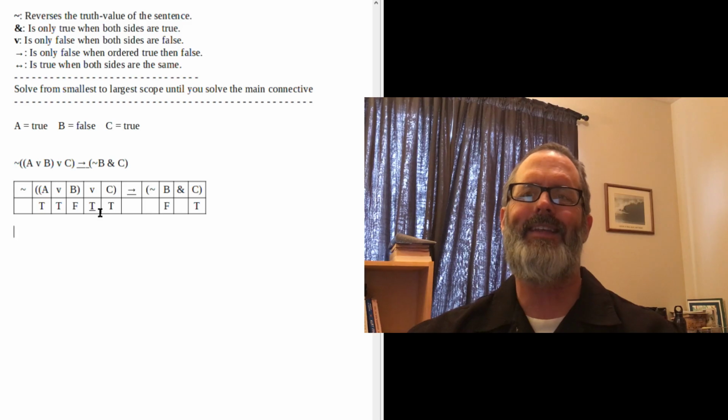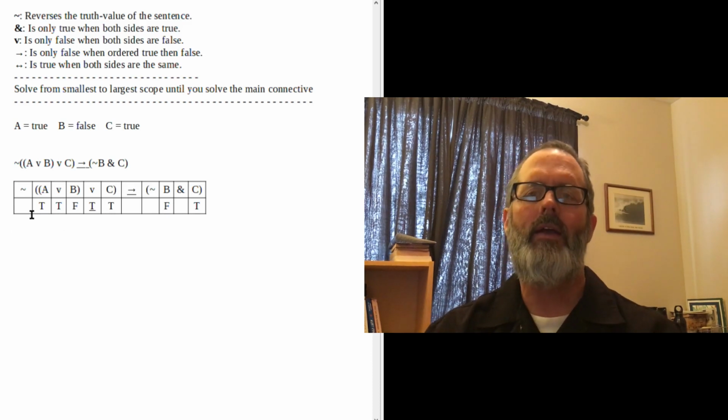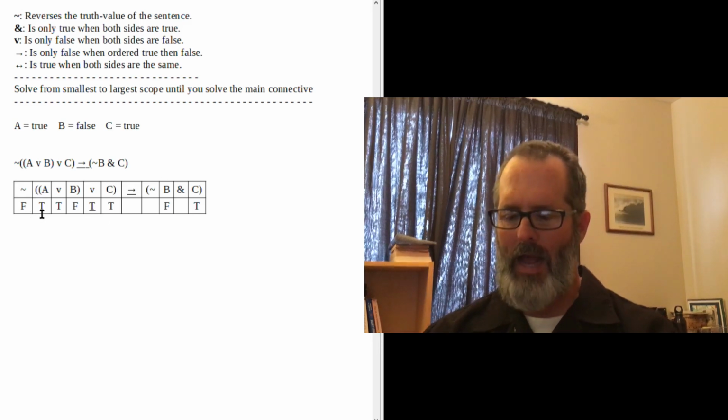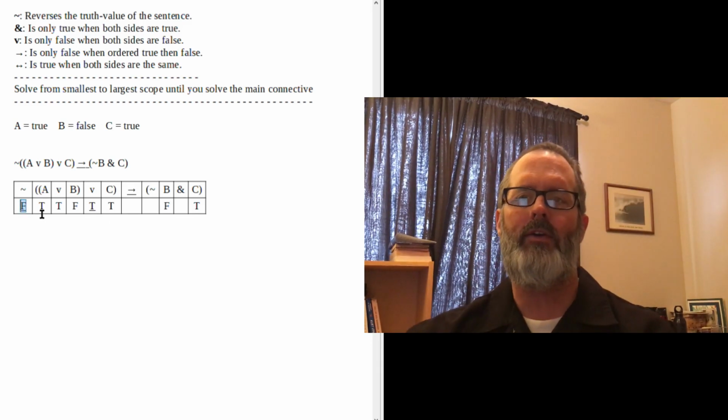So now notice this value replaced all of these values. This or is true, but notice this whole sentence here is negated. So what happens to this value true? It becomes false. That value now replaces all of these values. I would triple underline this if I was working on paper.